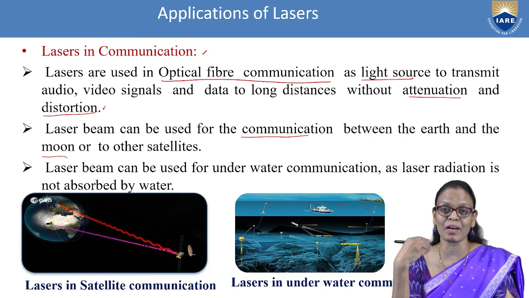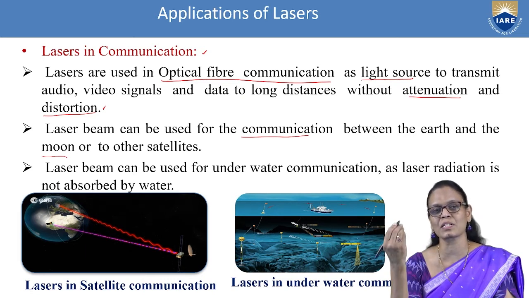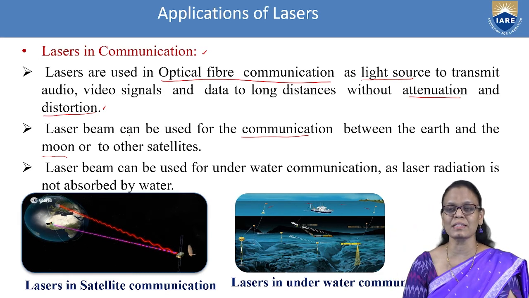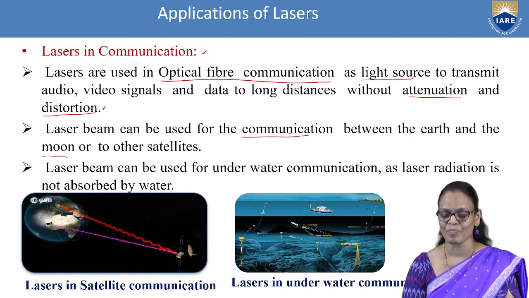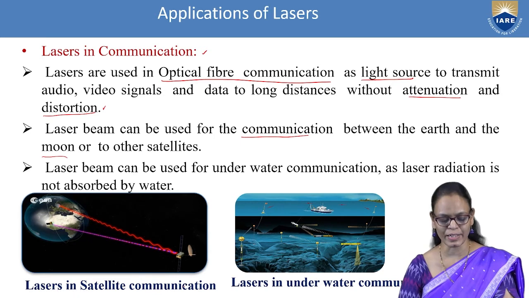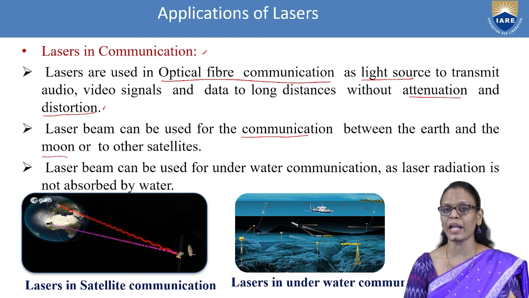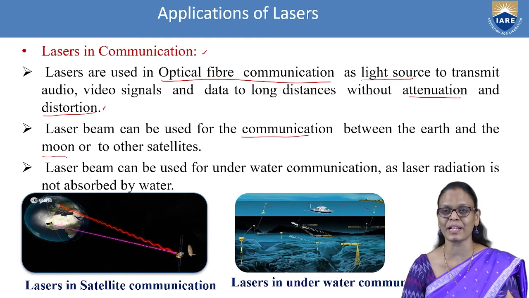So when it has to travel long distances, when it goes straight, always the straight line distance is the shortest distance, and therefore we use laser beam for communication. So when we have satellites, you see in the figure, we are seeing lasers in satellite communication. We have a station here on the Earth and we have a satellite. When we have to communicate from the Earth to a satellite, we are using the laser beam.